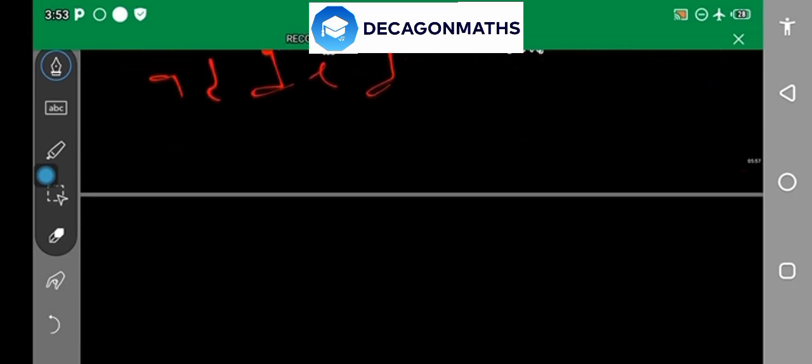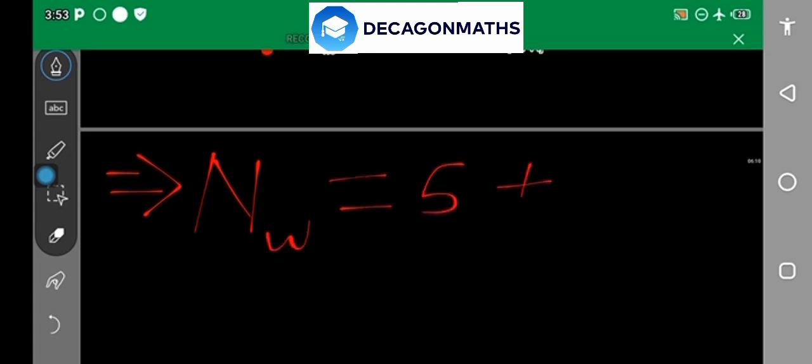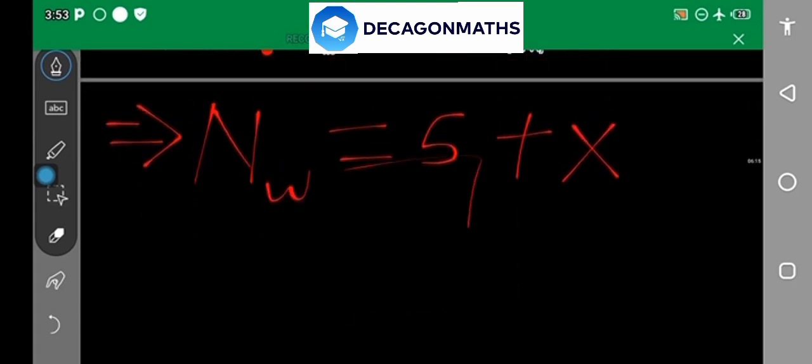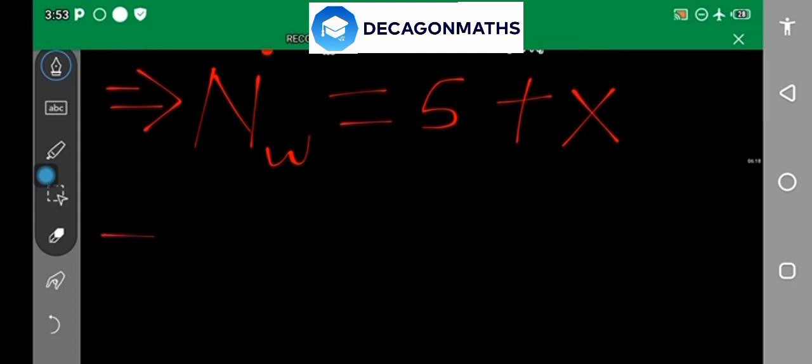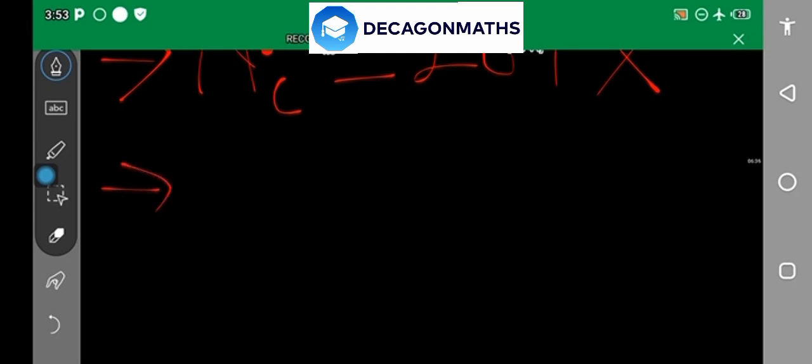So now when we add x women, this implies that the number of women becomes 5 plus x, while the total number of committee, let's represent it with NC, becomes 20 plus x, while the number of men remains 15.